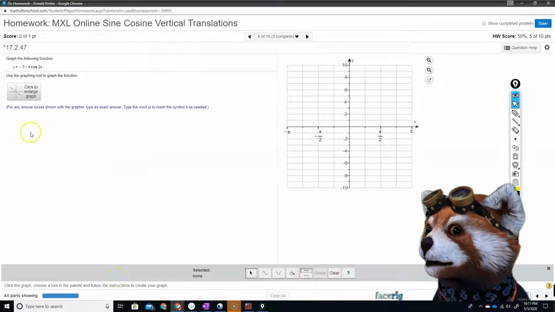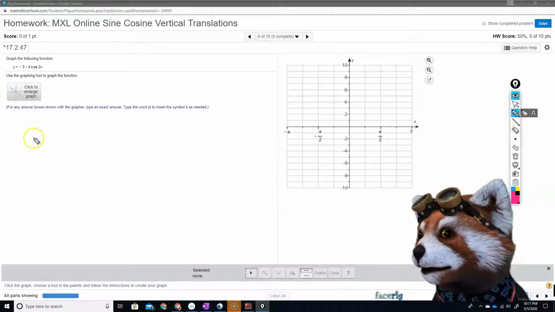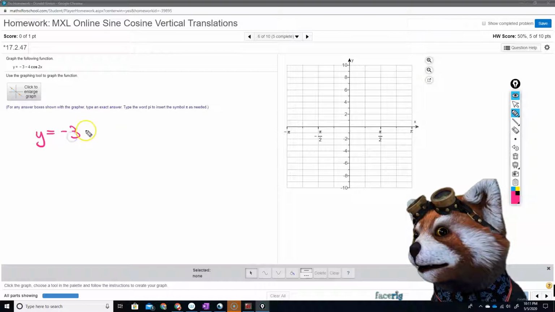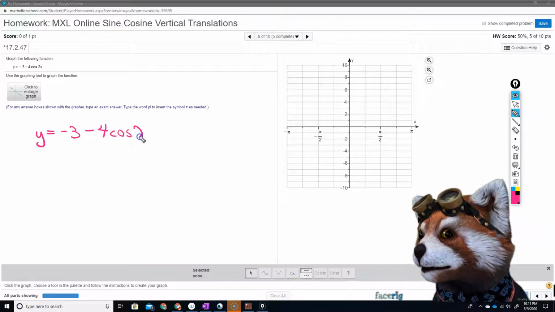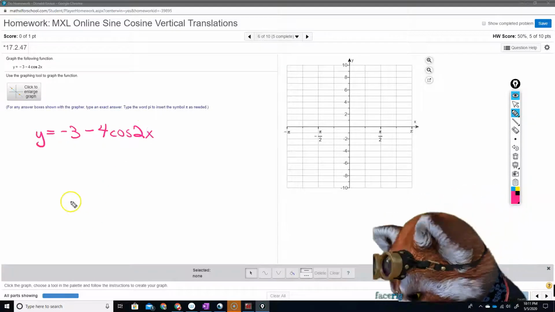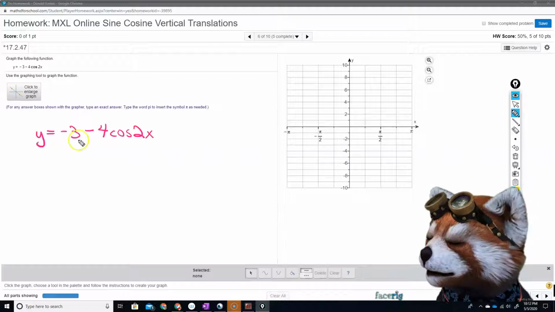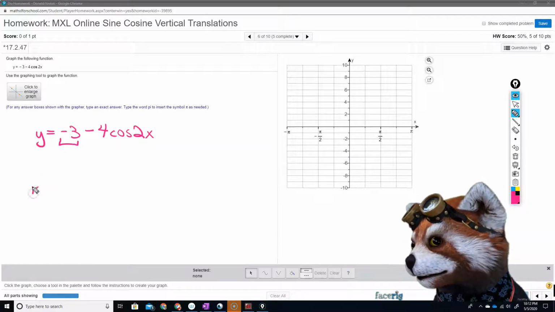Alrighty. So we got y equals -3 minus 4 cosine 2x. All right. So if I leave it like this, okay, this is my midline.